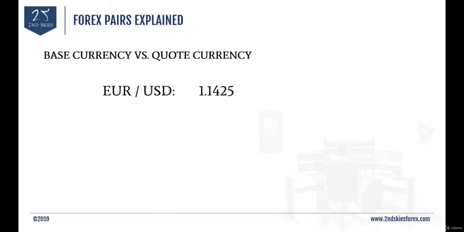Now, I talked about this before, base currency and quote, or counter, currency. I'm going to give you a nice example here. So let's say the euro versus the US dollar. The euro US dollar is at 1.1425. Let's just say that's the current price. The euro is the base currency. The second currency here is the quote or the counter currency.